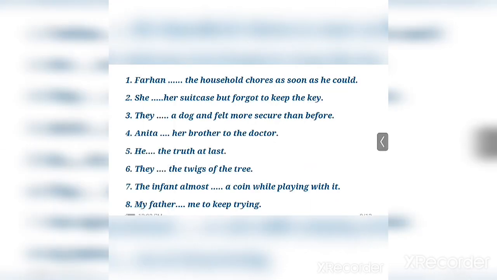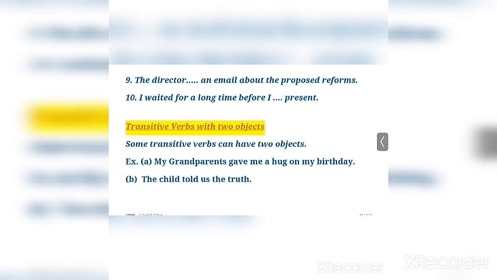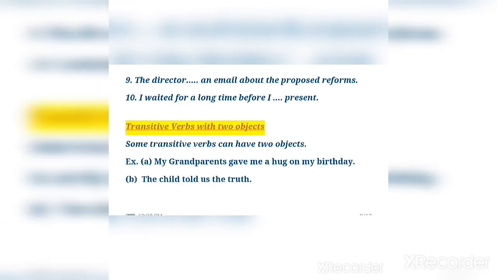So it becomes: the director sent an email about the proposed reforms. Then the last says: I waited for a long time before I dash the present. So answer 10 is unwrapped. Let's see: I waited for a long time before I unwrapped the present.